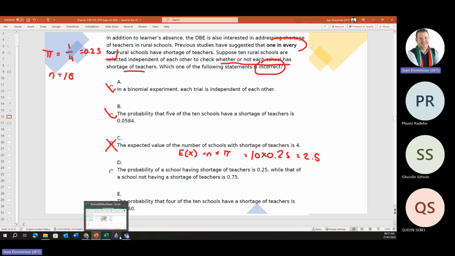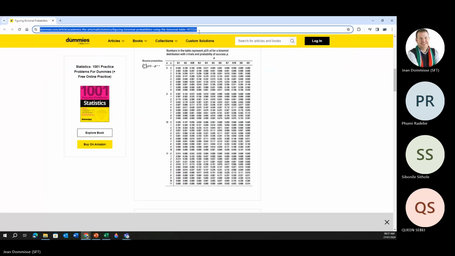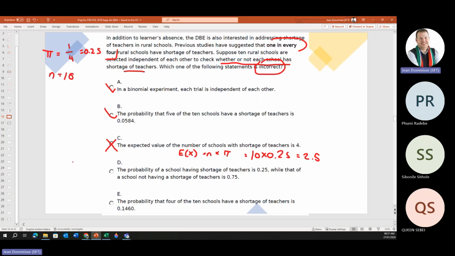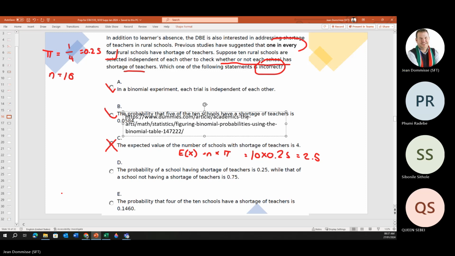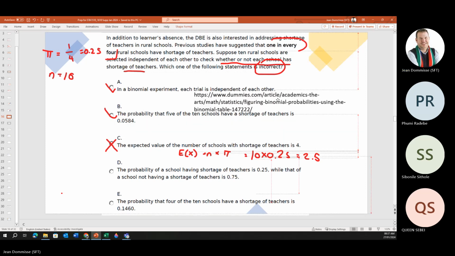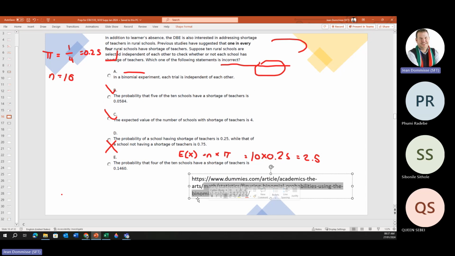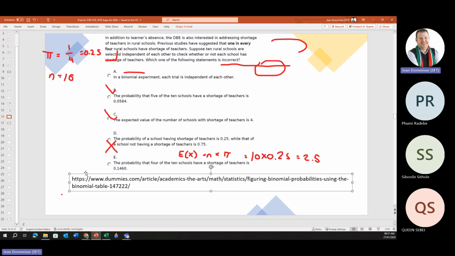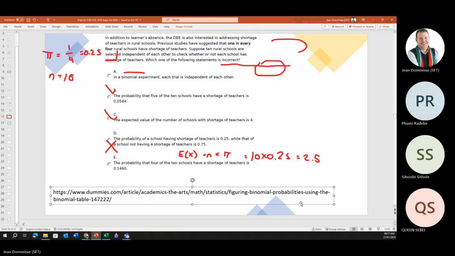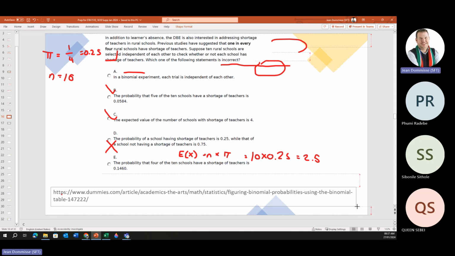I am going to put that link in the presentation as well, because I know some of you don't have your textbook with you, so at least you can use the website.